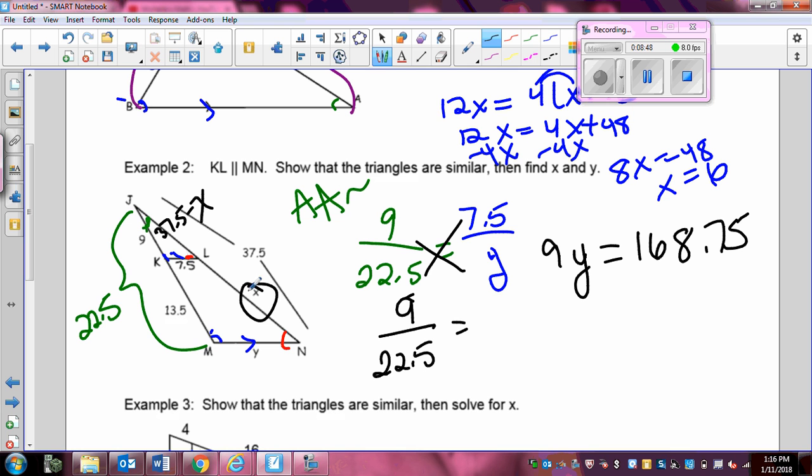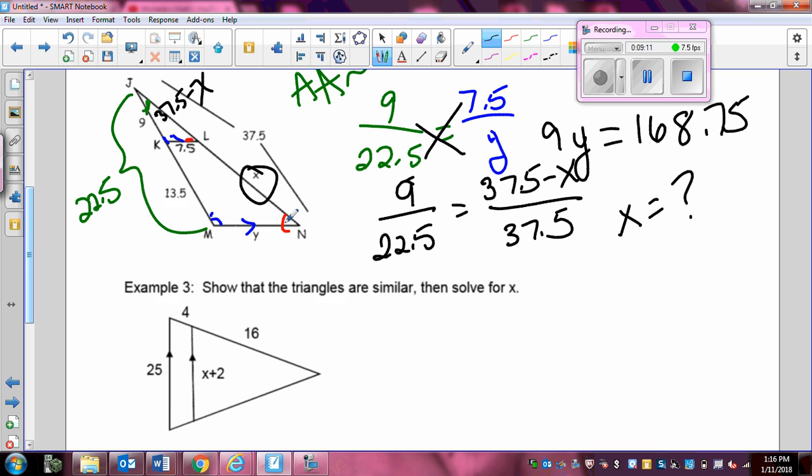We don't know what x is. So I'm going to say the top part, the small triangle, is 37.5 minus x, divided by the whole thing, the big triangle, is 37.5. All right, I want you to cross multiply and just tell me what x is. x equals what? And put that in, it's going to be the question.